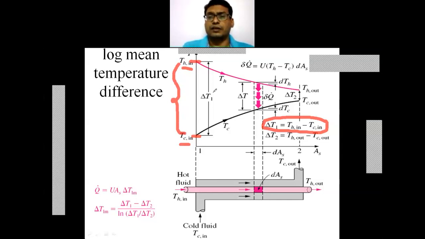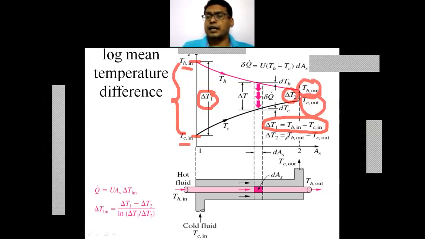Delta T1, and the second temperature difference, that is delta T2, which is nothing but TH out minus TC out.